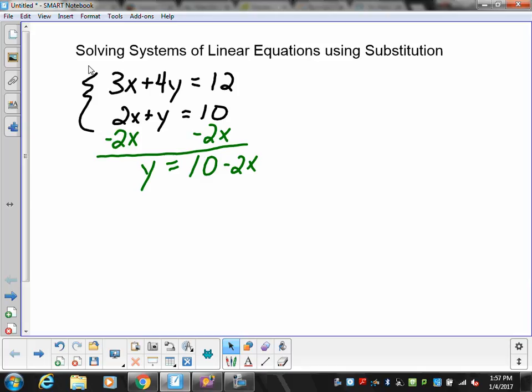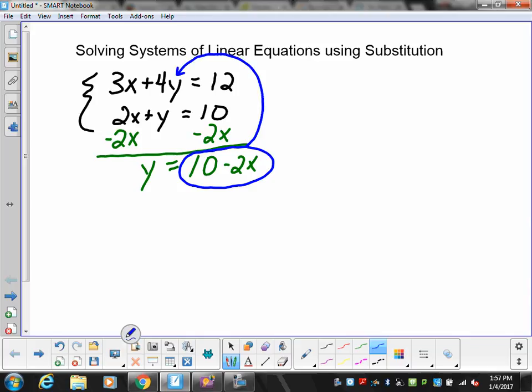So what I'm going to do is substitute in that 10 minus 2x for y in that first equation. I solved for y in the second equation, so I'm going to substitute back in for y in the first equation.